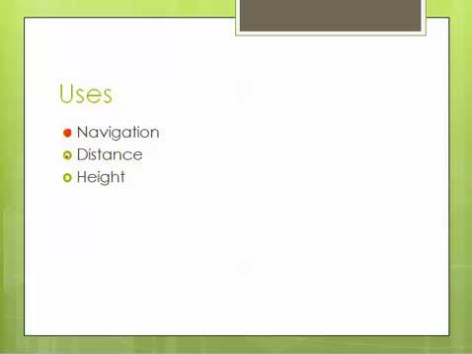Okay? Another way of doing it is to find distance. If you're on the ground, you can use a measured distance one way and a 90-degree measurement the other way to get the hypotenuse and be able to use it for a distance measurement. A third way that it's used is usually in height. Planes and satellites use it to determine the height that they're at.